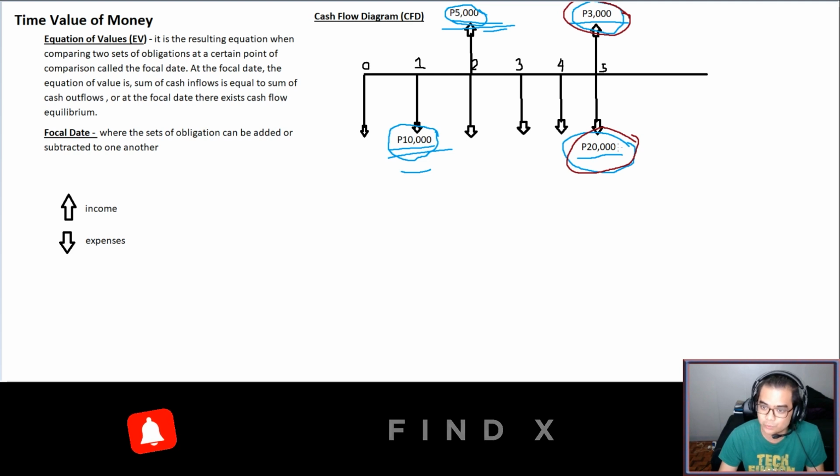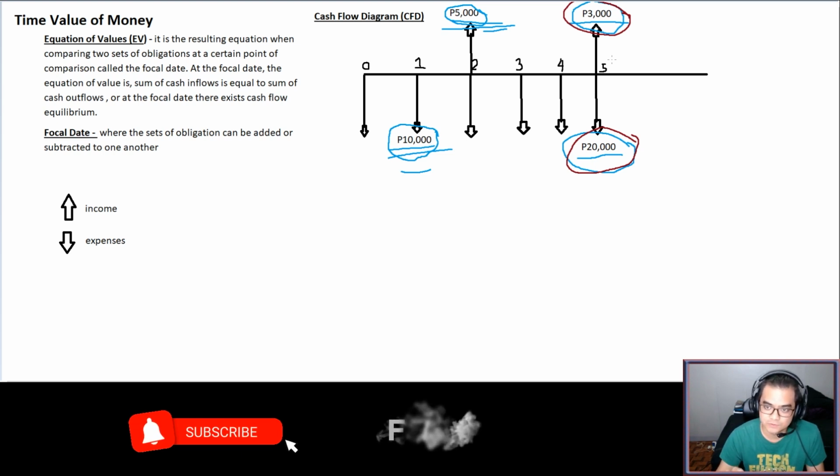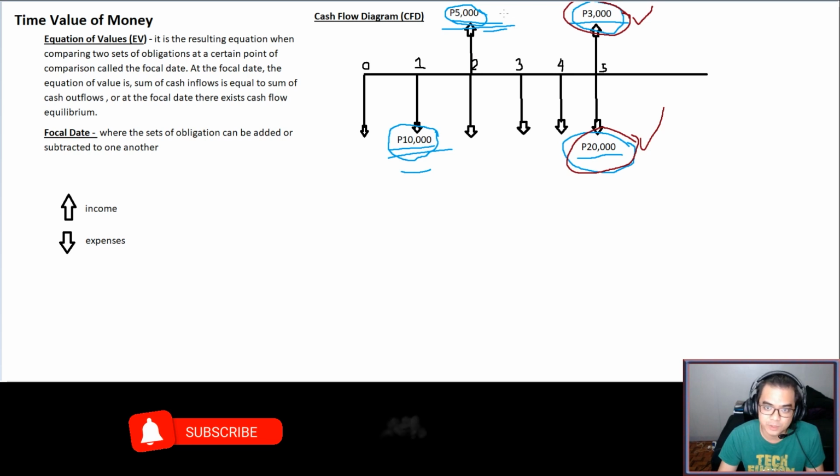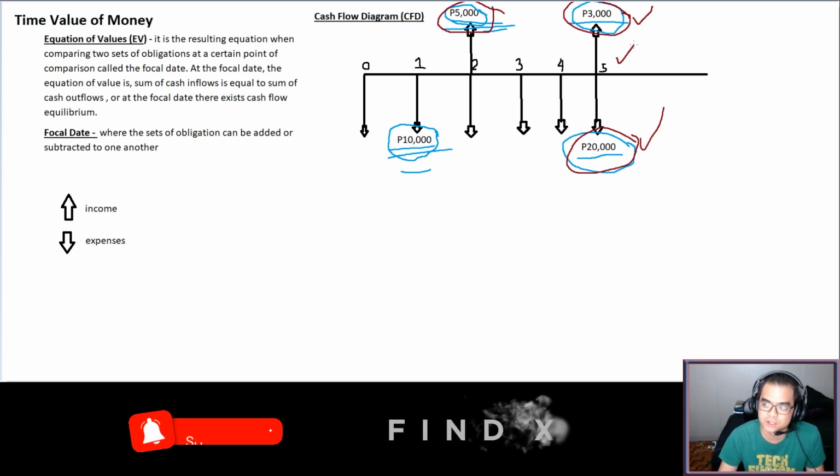That I can do. Why? Because they are both in year 5. So that is what the equation of values or focal date means. So that means if I want to add 5,000 to these two obligations, I have to bring 5,000 first into year 5 before I can do that.